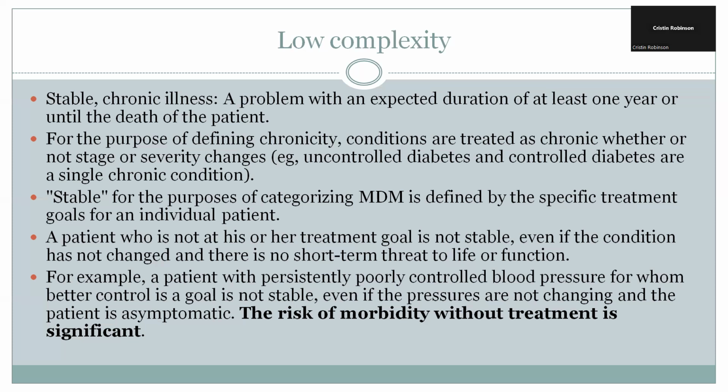A patient who is not at his or her treatment goal is not stable, even if the condition has not changed and there is no short-term threat to life or function. For example, a patient with persistently poorly controlled blood pressure, for whom better control is a goal, is not stable. Even if the pressures are not changing and the patient is asymptomatic, the risk of morbidity without treatment is significant.